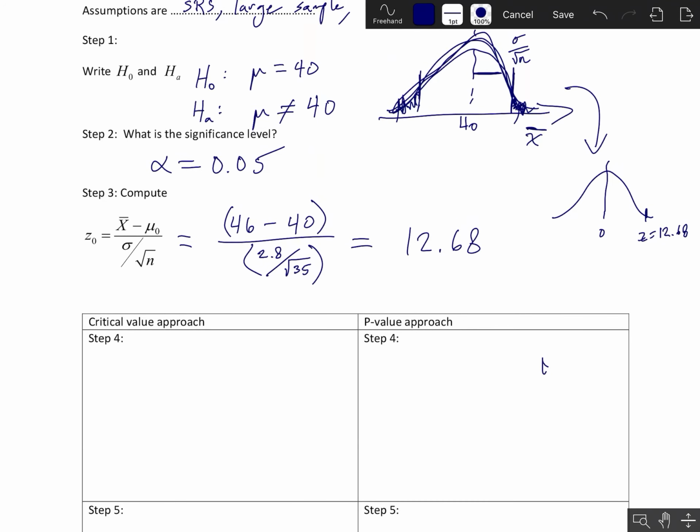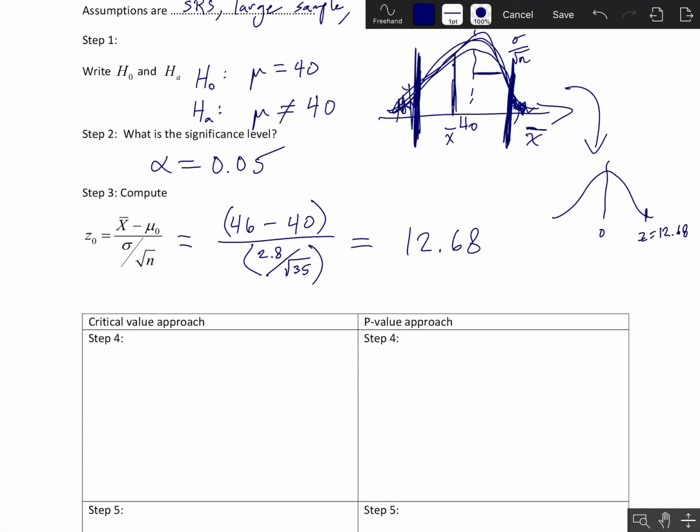So remember, with the critical value approach, we're going to decide on these critical values. That would be these markers over here and here. These will be our critical values. And these will be the values such that if x bar is more extreme than these critical values, then we would reject the null hypothesis.